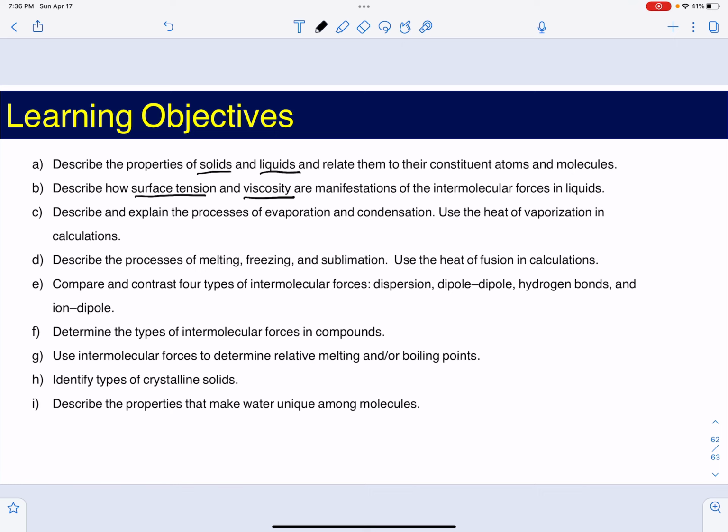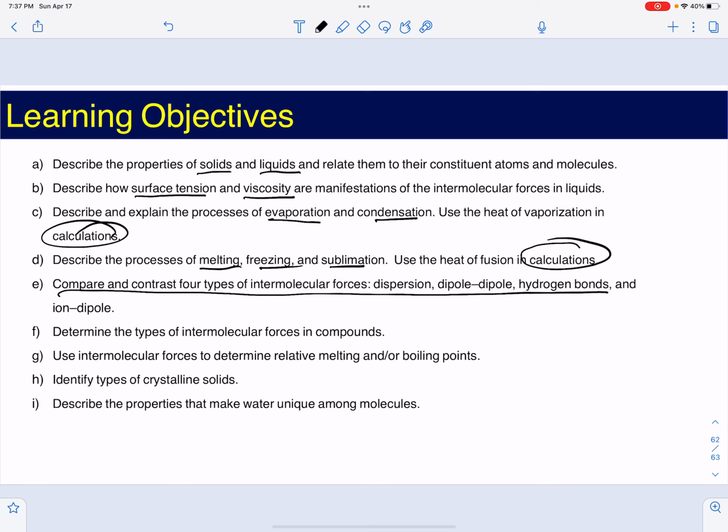We also talk about vapor pressure when we were talking about the evaporation and condensation process. Then we went into melting, freezing, and sublimation, and we did calculations with all of them using the heat of vaporization and the heat of fusion. Then we went deeper into the four intermolecular forces. We determined how to figure out what forces are going to be prevalent based on the Lewis structure, the shape, and so on.